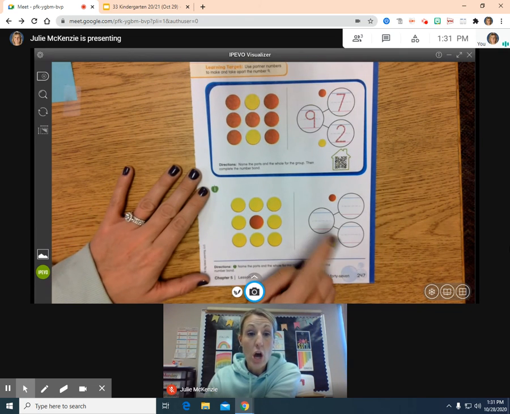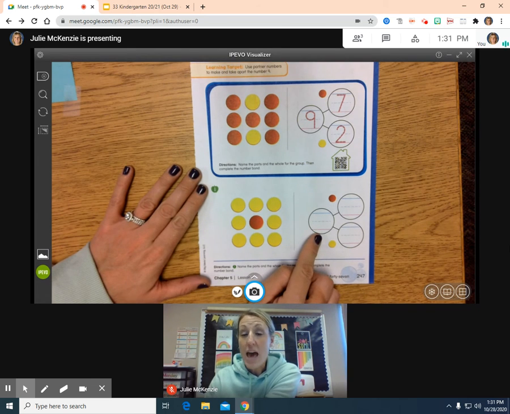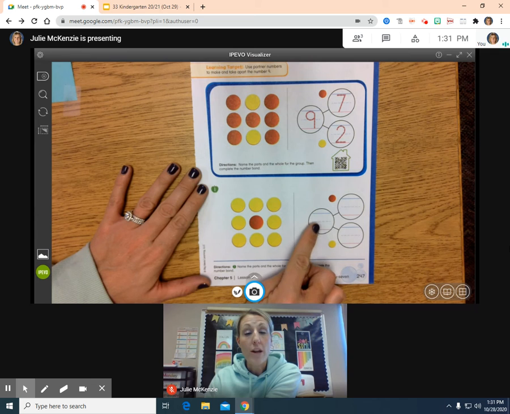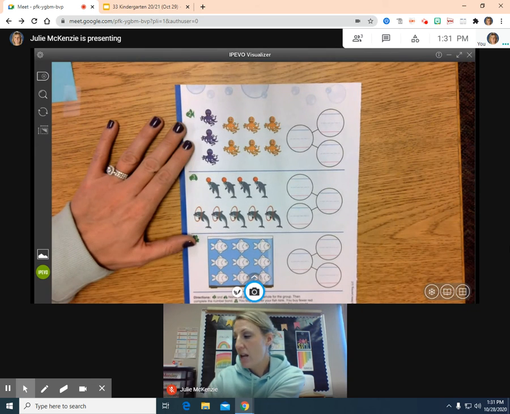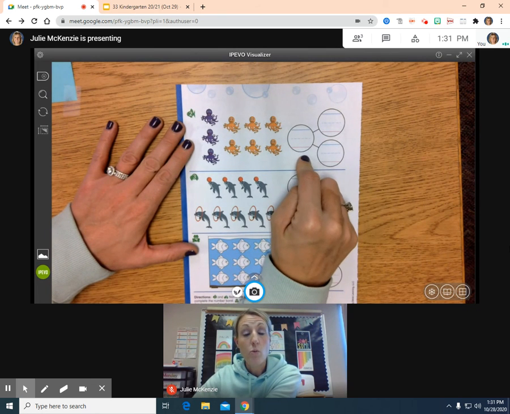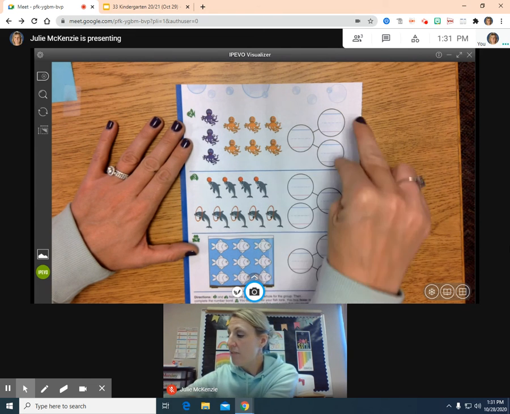Make sure that you're always trying to figure out what direction is my number bond facing. Then once you know that, you can figure out what is the whole group number and what are the parts. So for this, again, look at the number bond. What direction is it facing? Figure out the whole group number, and then figure out the parts.